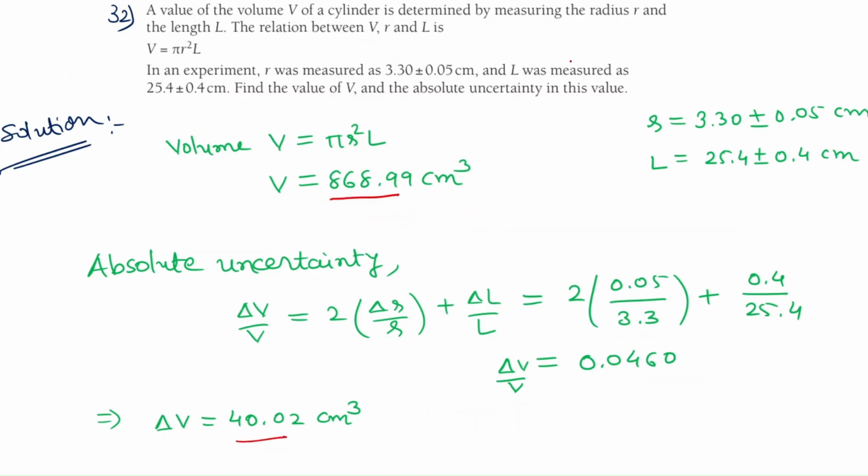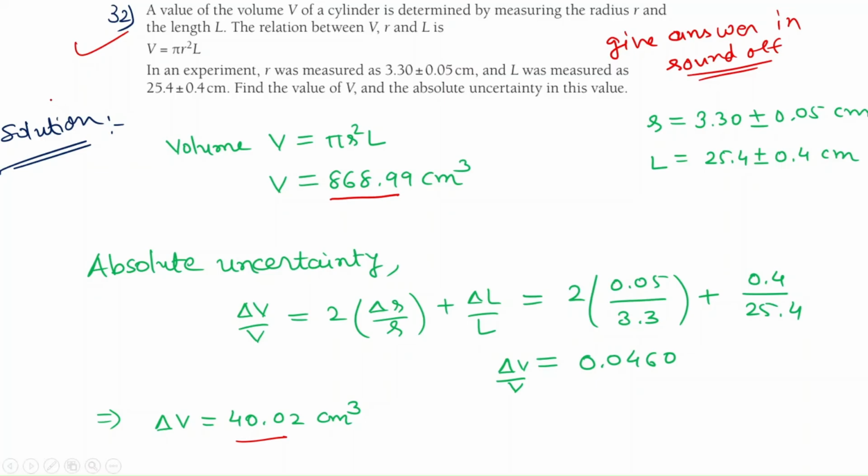But in some questions they specify to round or give the answer in rounding rules or a number of figures. In that case you must round off this kind of value. Otherwise, if they do not mention it, you can write like this as well. This is all about question number 32.